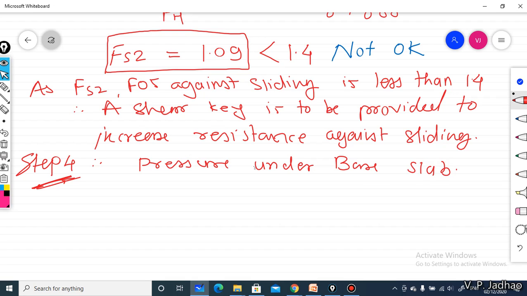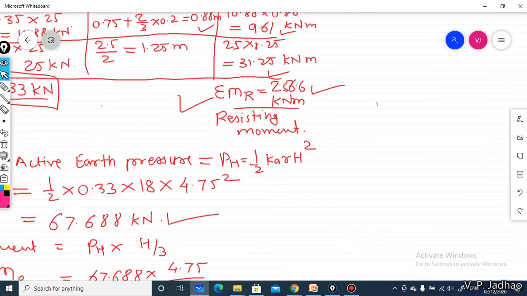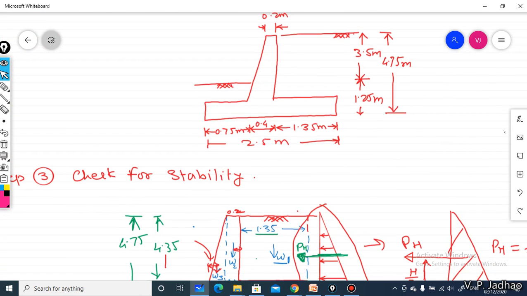Okay, now we know that there will be some overturning moment about this point O. This is our point O, and all the moments will be acting about this point O. That is, whatever moment is developed due to pH will act like this, and whatever moments are developing due to W1 will act like this, W2 will act like this.